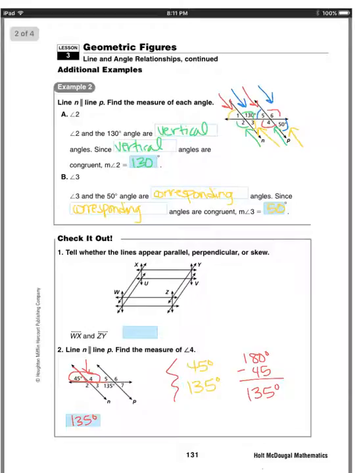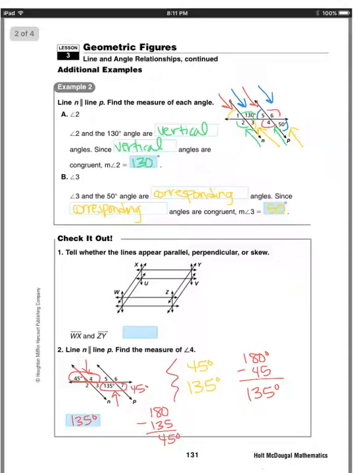However, sometimes it will not be so obvious. So sometimes you might have to look at the given angle and the angle right next to it on the other side and do 180 minus 135 in this case, and you get 45 degrees, and that tells you that angle 7 is 45 degrees.